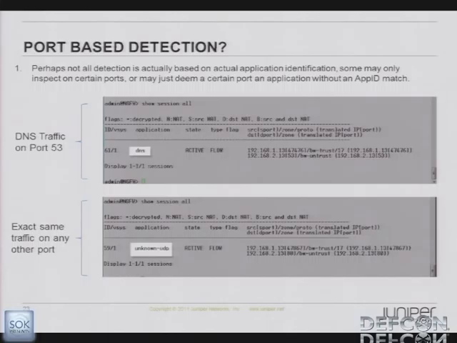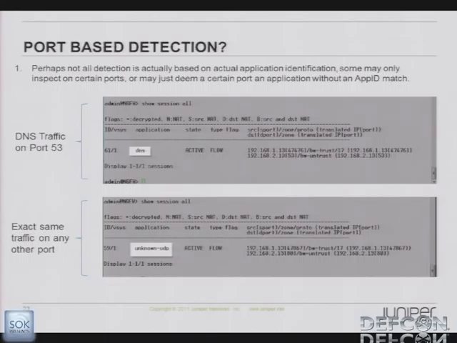In some cases, I certainly noticed some port-based detection being used. So you could send the exact same pattern over a different port, and it would not be detected. In this case, I sent DNS over, what port was it, port 80 or something, versus port 53. It was the exact same traffic, but it was detected as being unknown. Now, this isn't necessarily a vulnerability, because in some cases, as I mentioned, this is done for accuracy.